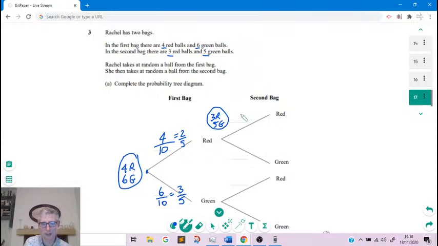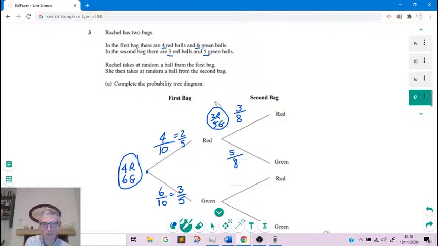The probability of getting a red from that is the number of reds divided by the total number of counters in the bag. That's 3, so 3/8 there. Similarly for the green, how many greens have we got? Well, it's 5, and that's again out of 8.